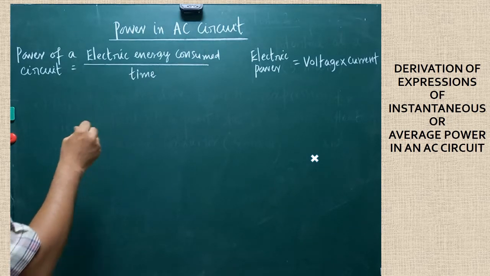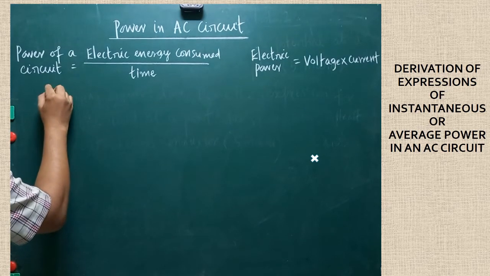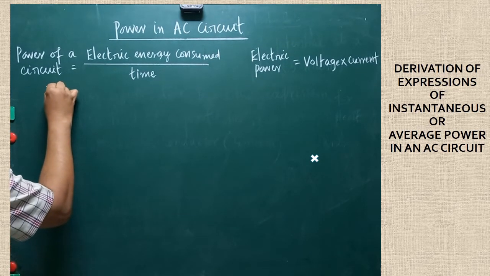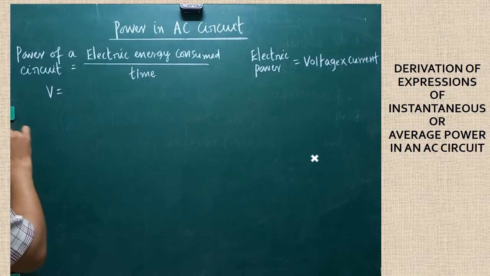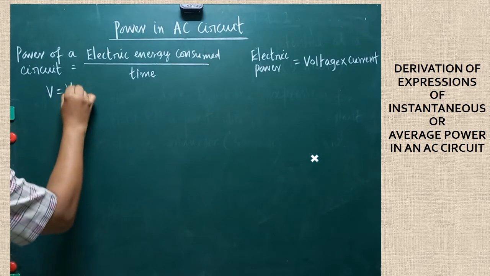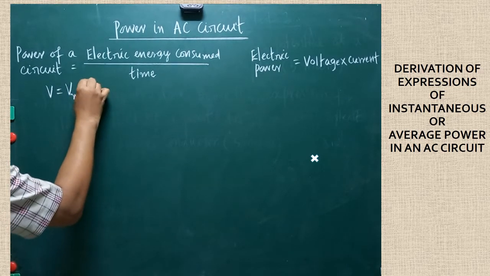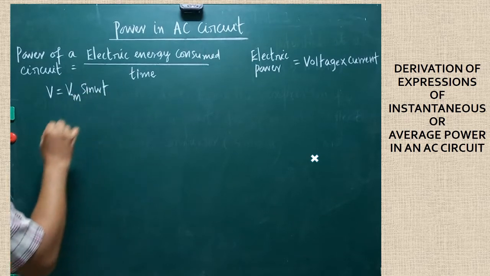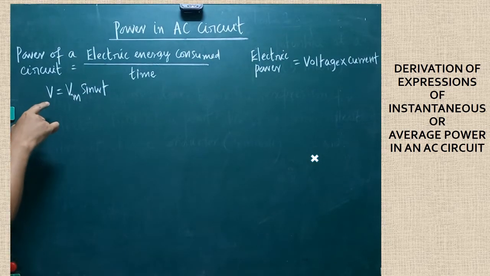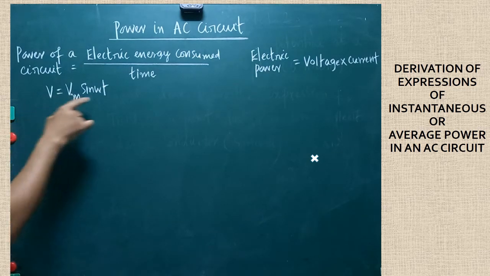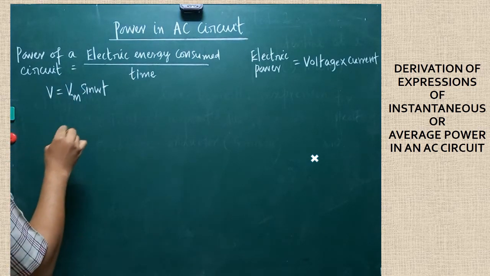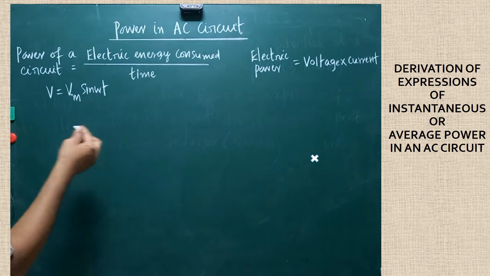The instantaneous voltage in the case of AC can be written as V is equal to Vm sine omega t. This expression gives you the instantaneous voltage in the case of AC. How to represent the instantaneous current?